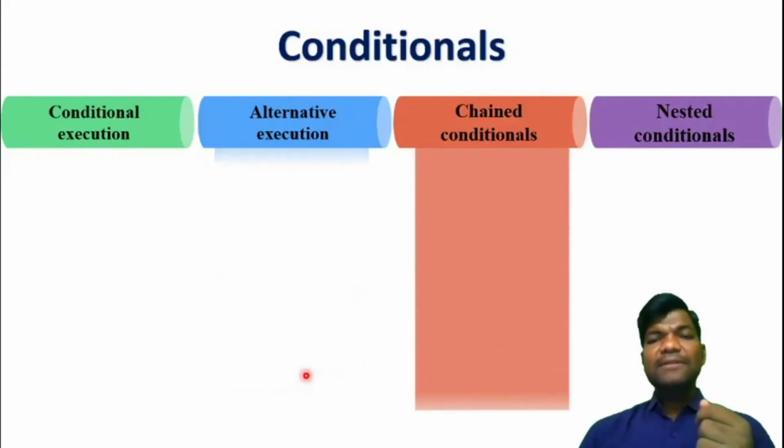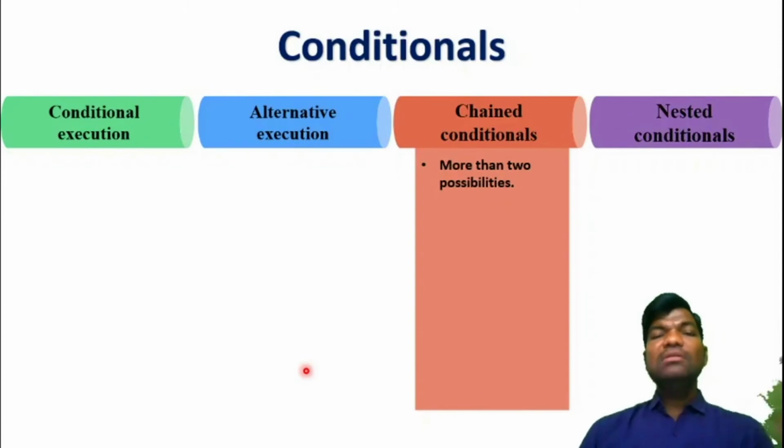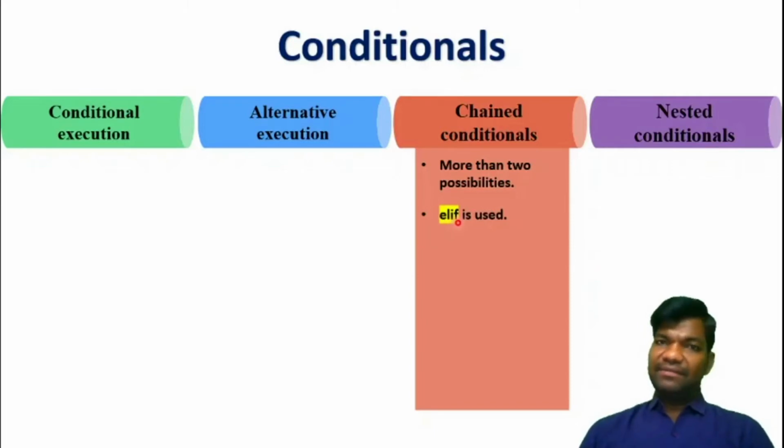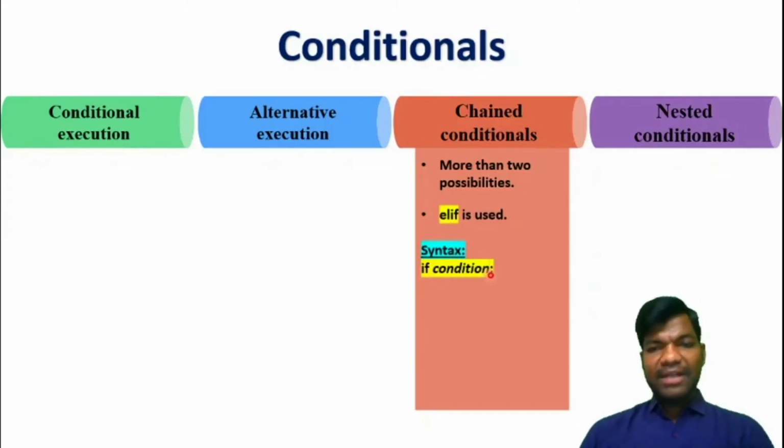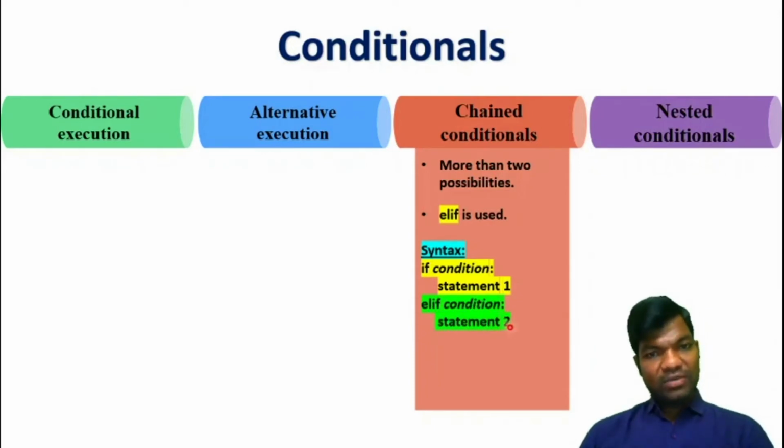Now coming to the third one, chained conditionals. More than two possibilities, so here elif is used. Elif means else if. Check the condition: if this condition is true, statement 1 is executed. Else if this condition is true, statement 2 is executed.